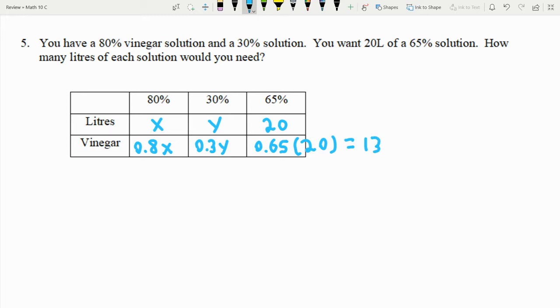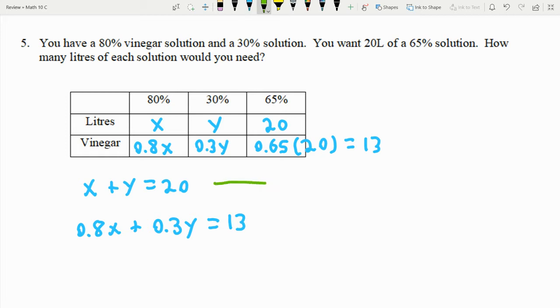Okay, so these are going to be my two equations, my system of equations. I would have x plus y equals 20, and then 0.8x plus 0.3y equals 13.